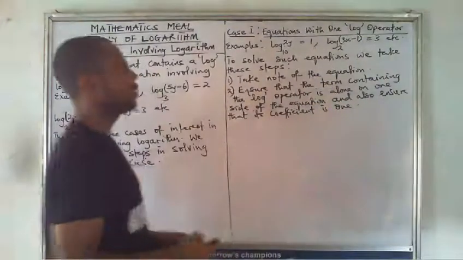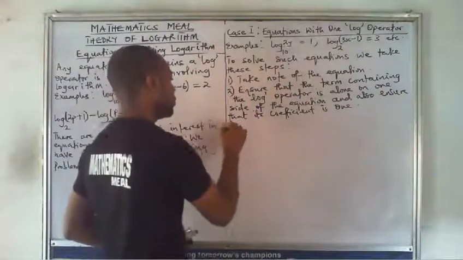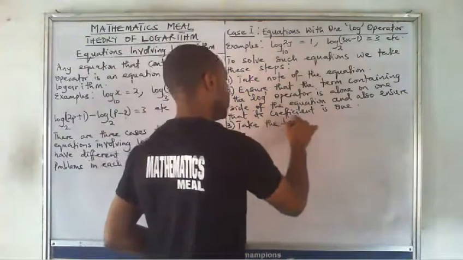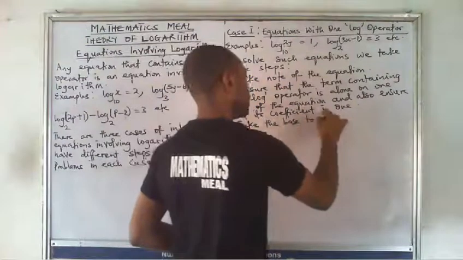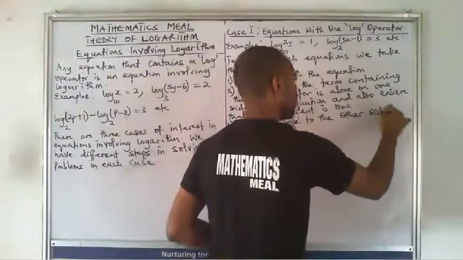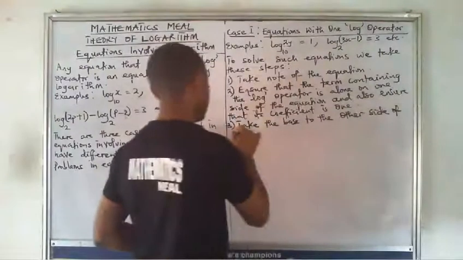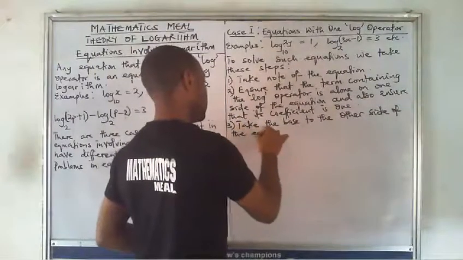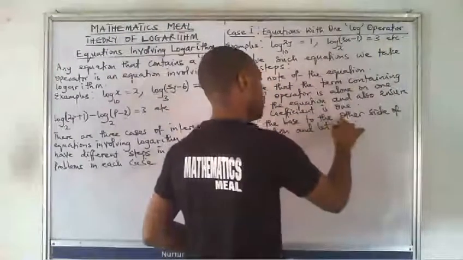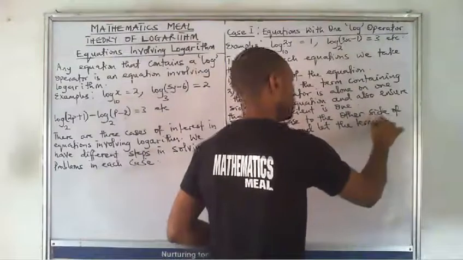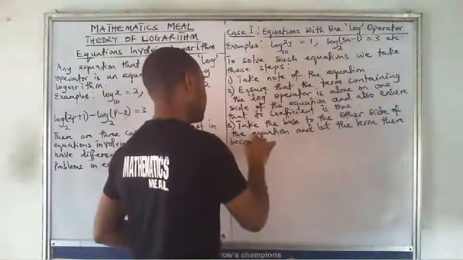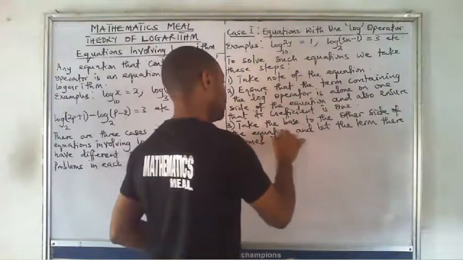Is 1. Okay? Then the third thing we need to do, take the base to the other side of the equation and let the term there become its power.